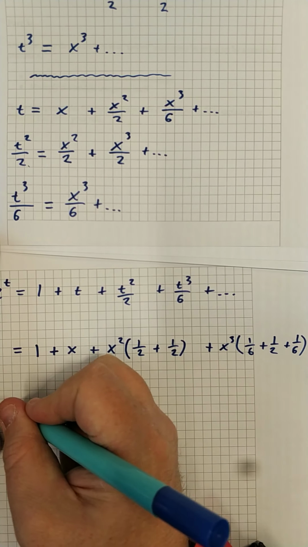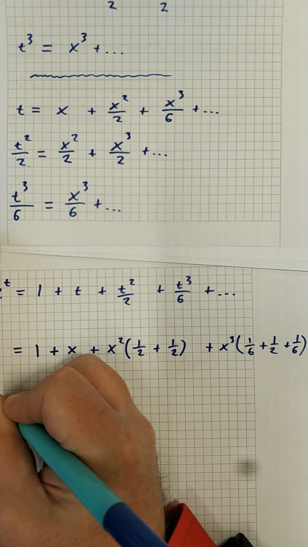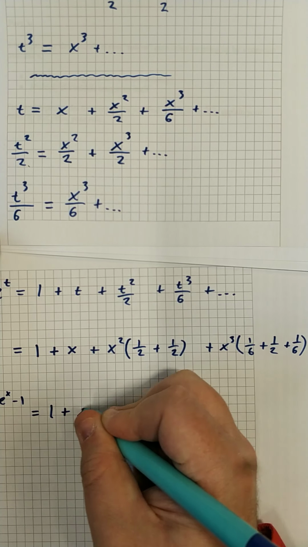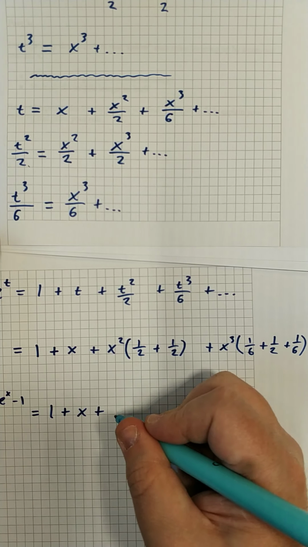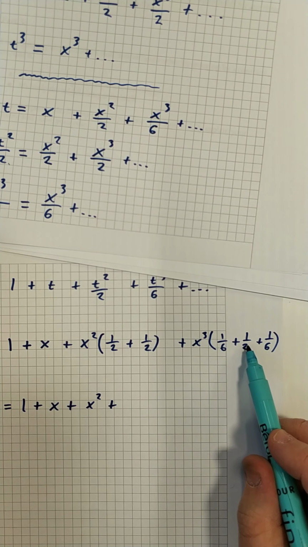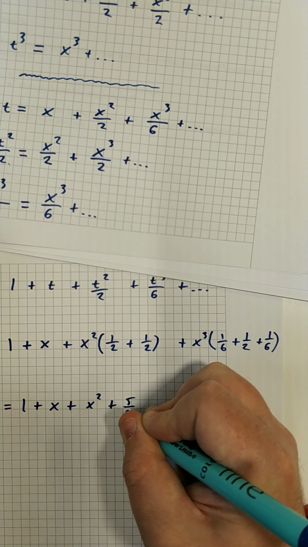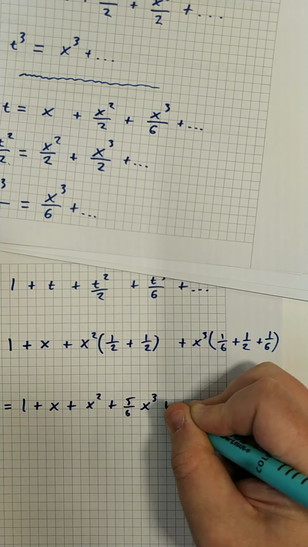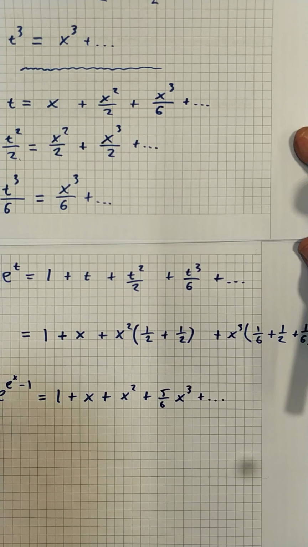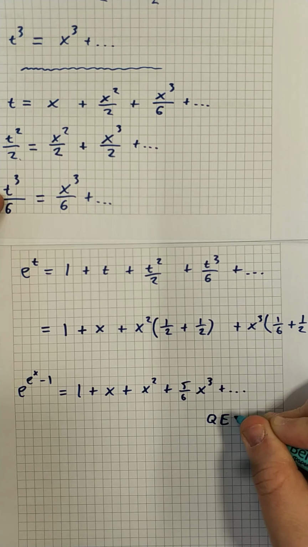And if I simplify this, I get e to the power of t, which is the same as e to the power of x minus 1, equals 1 plus x plus, that's just 1, x squared plus 1/6 plus 3/6 plus 1/6 is 5/6 x cubed plus various higher order terms, which is what we were asked to actually prove, which makes us very pleased.